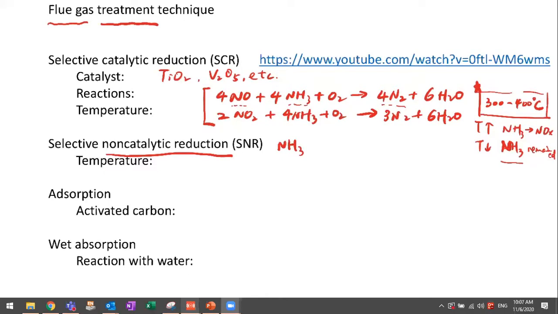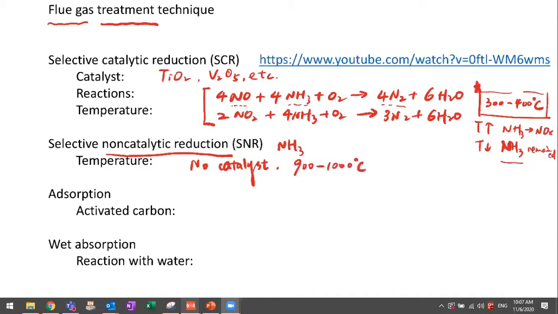But since there's no catalyst, the temperature of these reactions has to be in the window of 900 to 1000 Celsius.